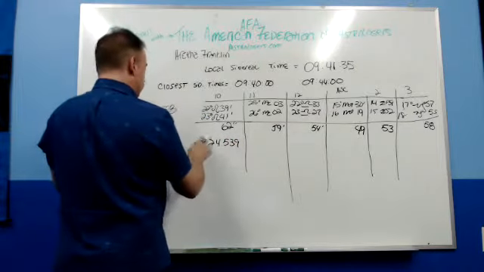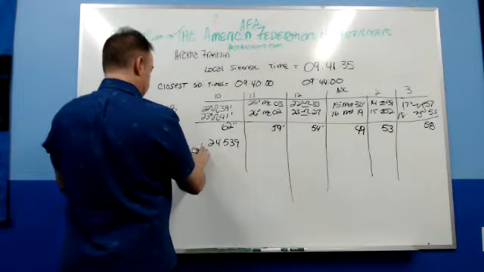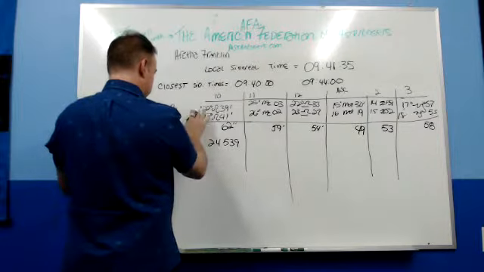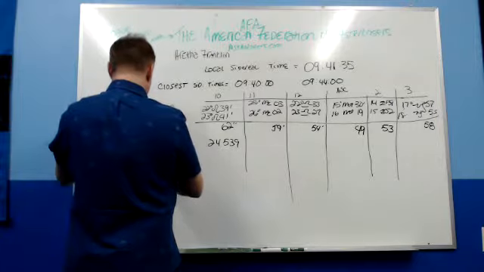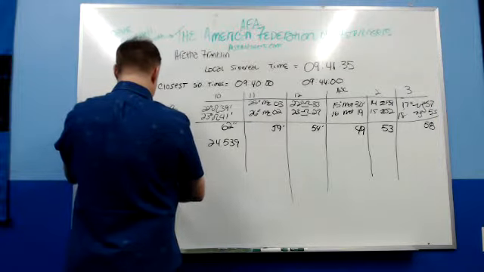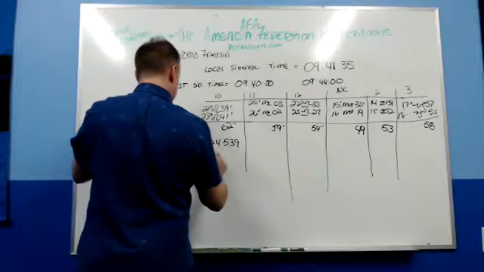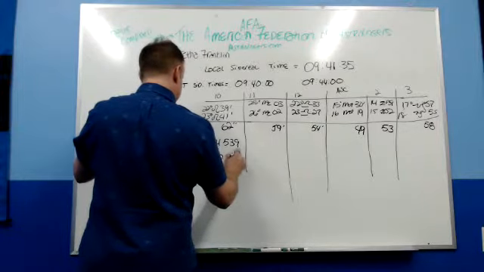So what we're going to do is add that to the lower cusp. We're going to add it to 22 degrees Leo 39 minutes.